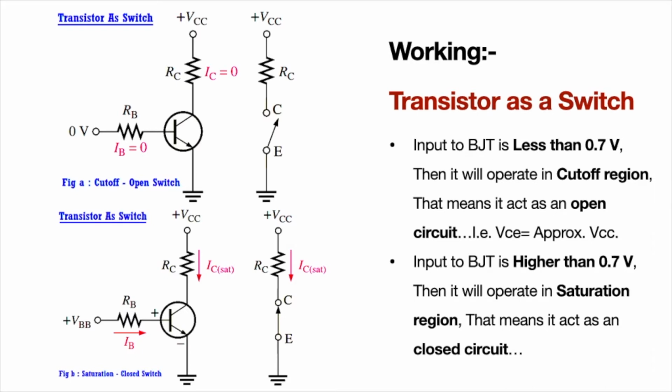So the voltage VCE will be approximately equal to VCC. And if the input to the bipolar junction transistor is higher than 0.7 volt, it will operate in the saturation region. That means it acts as a closed circuit. In figure A you can see cutoff, that is an open switch, and in figure B you can see that it operates in the saturation region, which we call a closed switch.